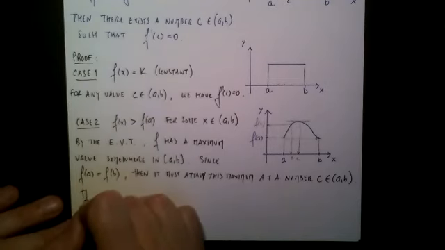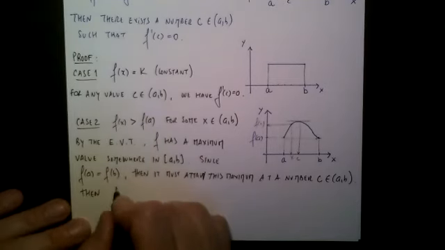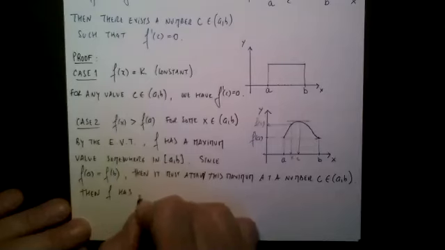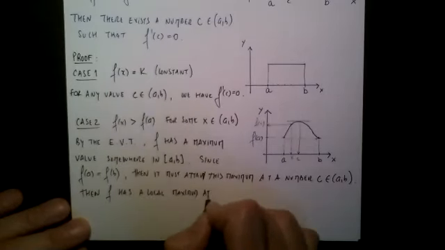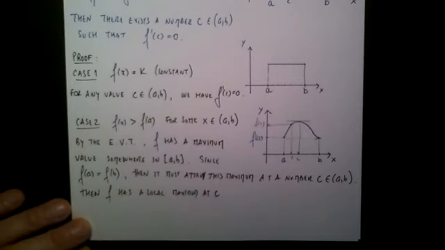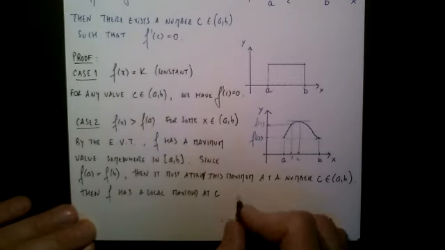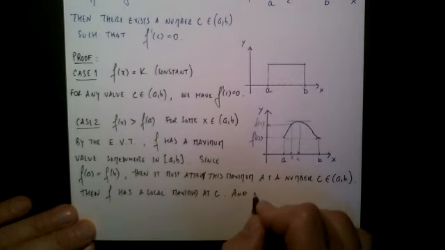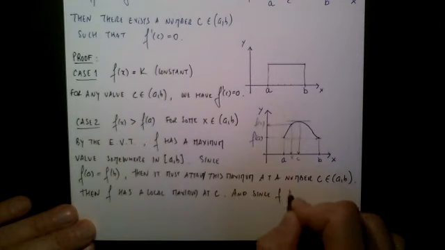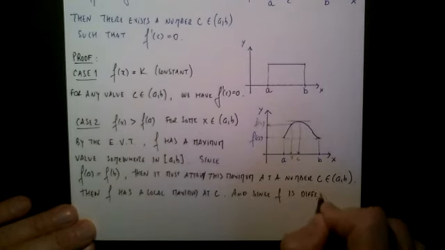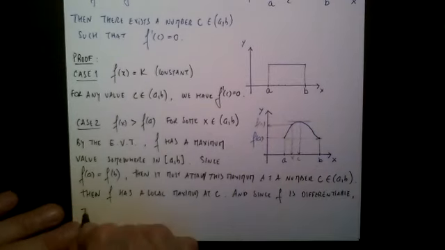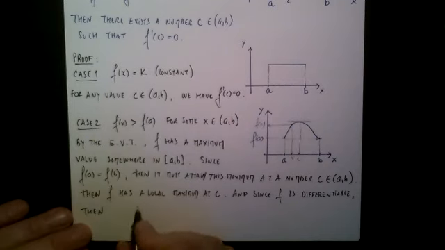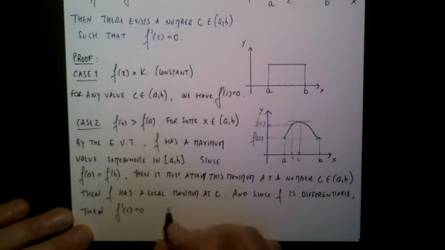Then I'm going to finish here because it's a bit late. Then f has a local maximum at c. And since f is differentiable, then f prime of c equals 0 by what theorem?